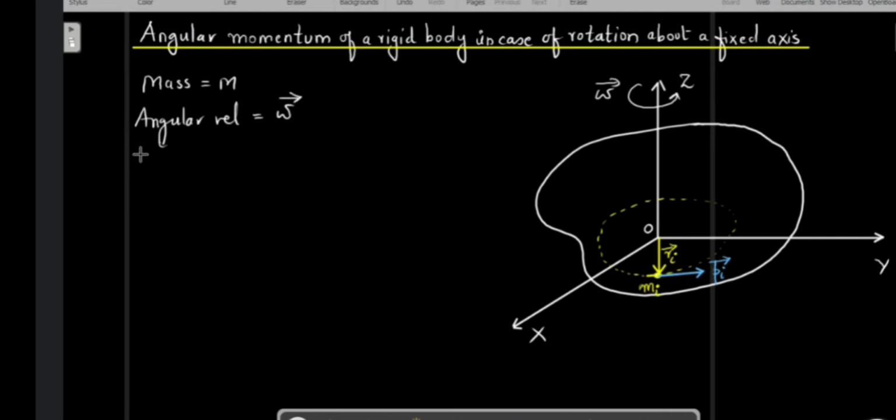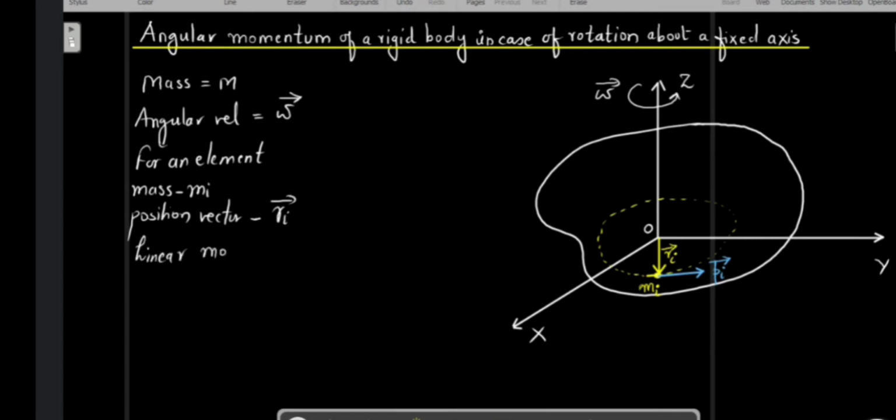For an element, mass is mi, position vector is Ri and the linear momentum is pi.